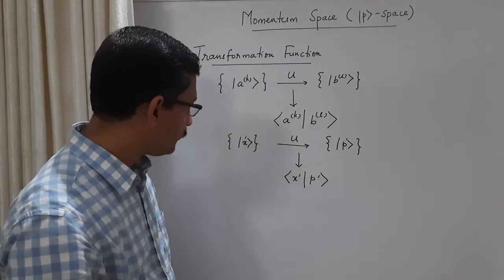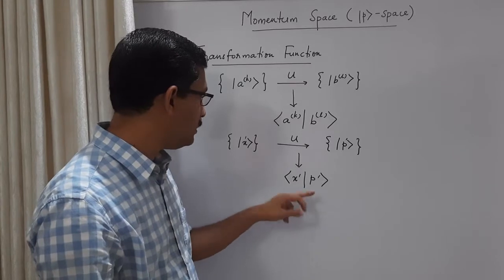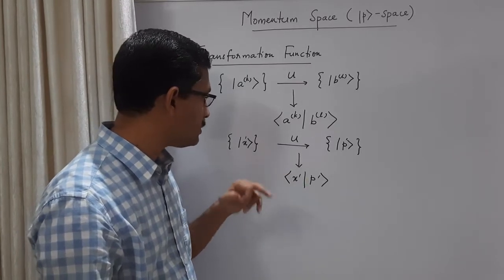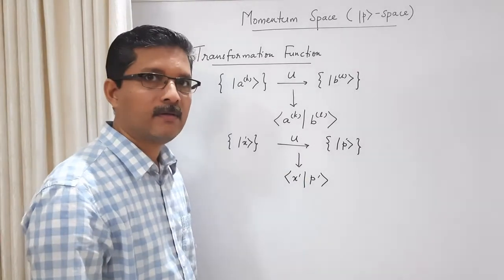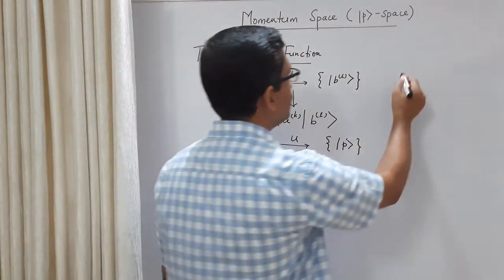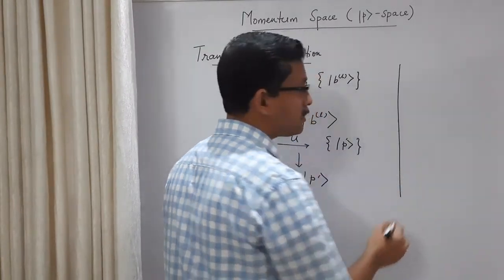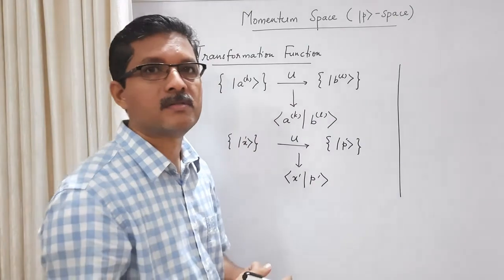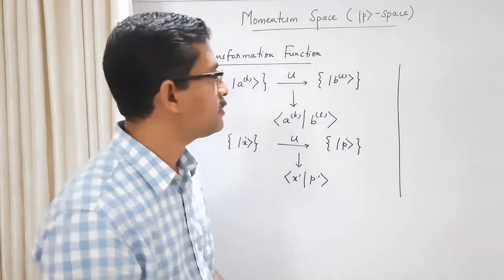First of all, if you look at this, you can express it as a wave function. Earlier we have defined the wave function in position basis and the wave function in momentum basis.